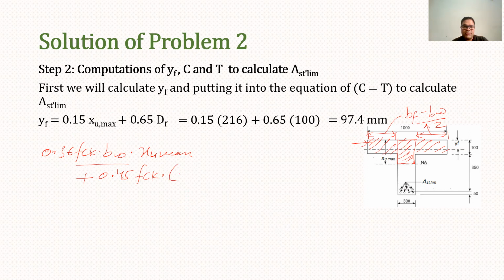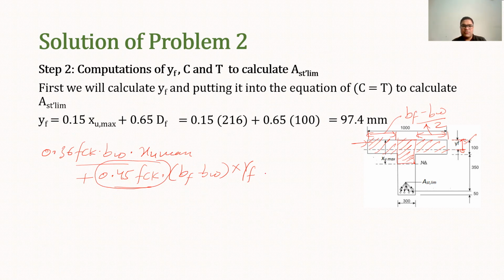So here we will write the total width, which is BF minus BW. That becomes stress into area. Now this will be multiplied by YF. Why? Because up to a YF depth, the stress is constant, and the constant stress is 0.45 FCK.